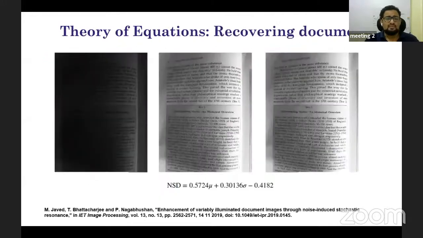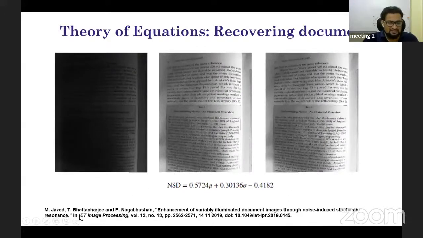Another example, which I have already discussed, is how to recover a document from a noisy image. If I give you this noisy image and tell you to read it, it is not possible. However, at IIIT Allahabad we have come up with an equation.